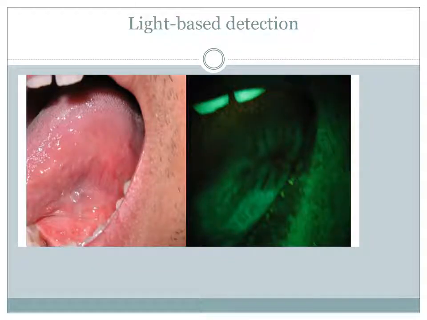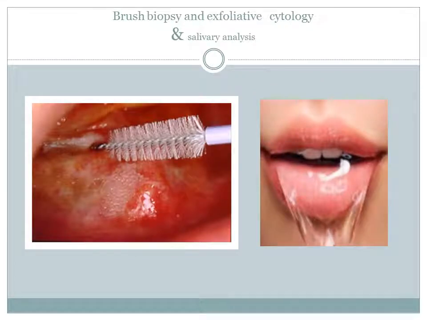Another type of diagnostic aid is light-based detection. This system acts as a visualization aid to facilitate accurate localization of dysplastic or neoplastic mucosa. Then there are brush biopsy, exfoliative cytology, and salivary analysis.